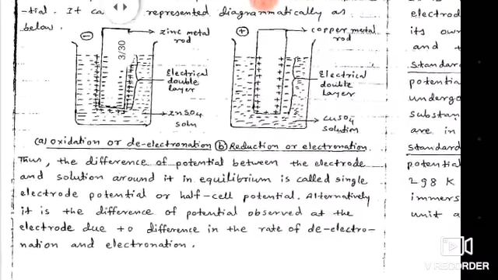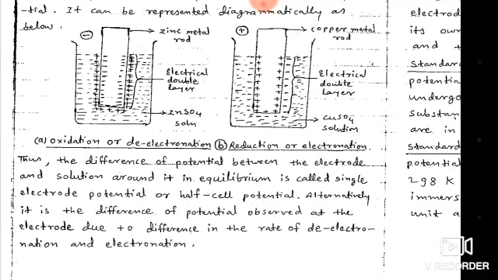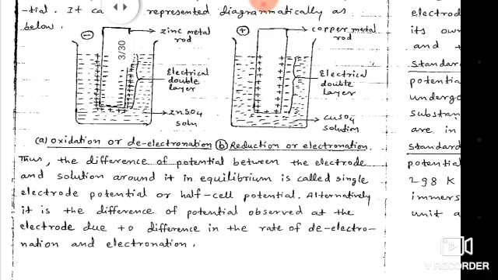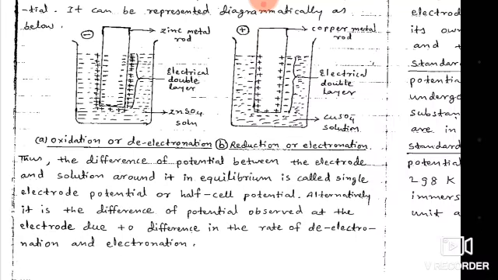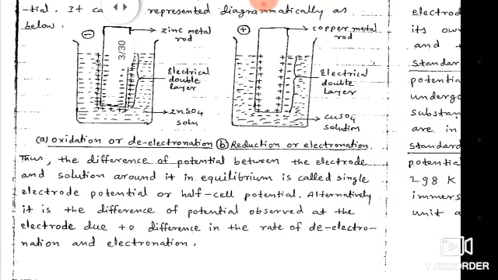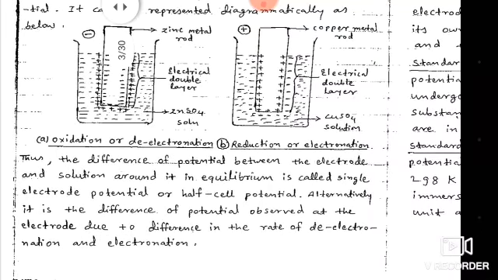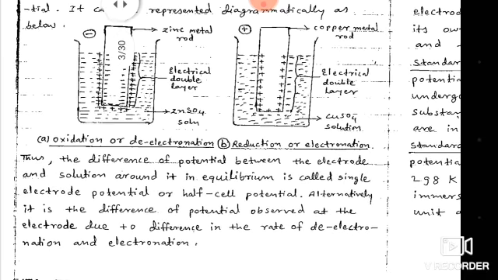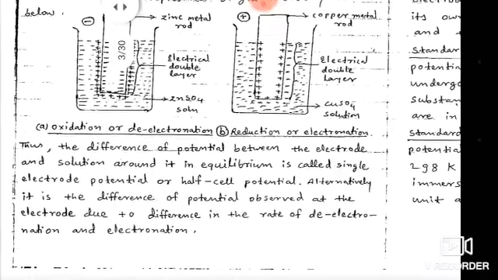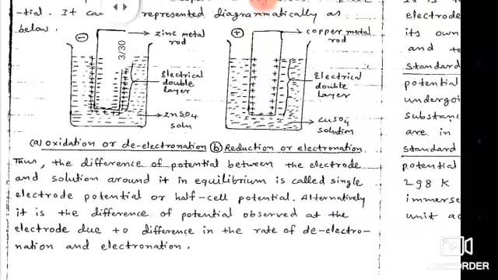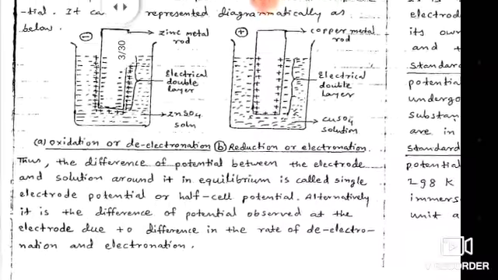And here, in the reduction case, the electrons are accumulated on the copper plate, because it has the positive charge. Here electrons are released, so the metal electrode has a negative charge. So the electronation and de-electronation process occurs.